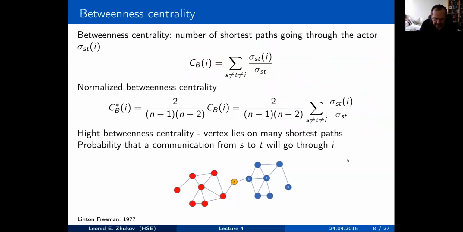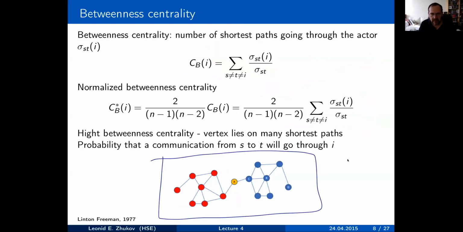Let's look at this graph. Which nodes in this graph have the highest degree centrality? Well, just by looking at this, it's easy to see that this node has 1, 2, 3, 4, 5 connections, and this node also has a pretty high degree centrality.